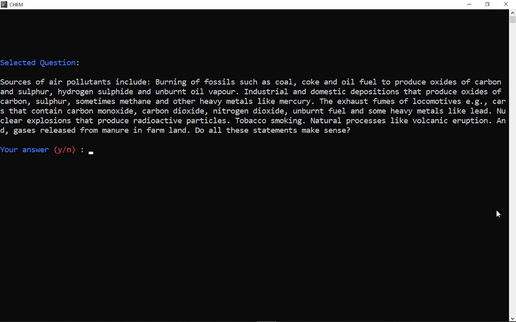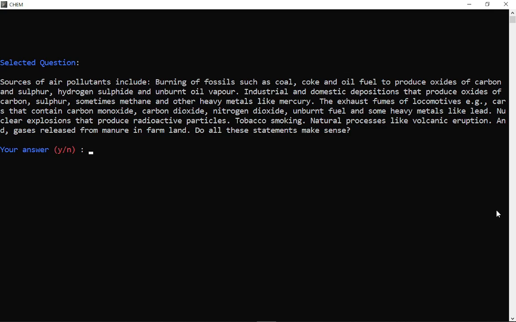So the question is, I usually first look at what they want at the end. Do all these statements make sense? All those statements make sense. The first statement is some of the air pollutants include burning of fossil fuels such as coal, coke, and oil to produce oxides of carbon and sulfur and unburnt oil vapor. That makes sense.